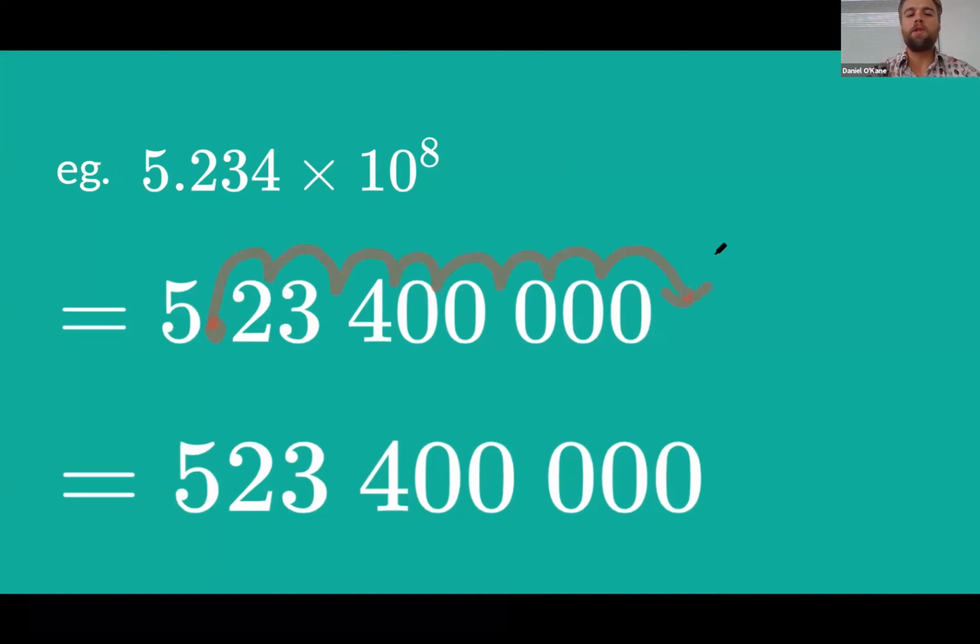And then when it jumps past its numbers, you replace these numbers with 0. Okay, so if there's nothing there and the decimal point is still jumping forward, you just add these zeros. So now this is my answer. So 5.234 times 10 to the power of 8, that is 523,400,000.